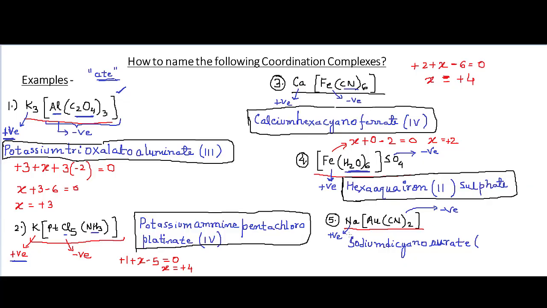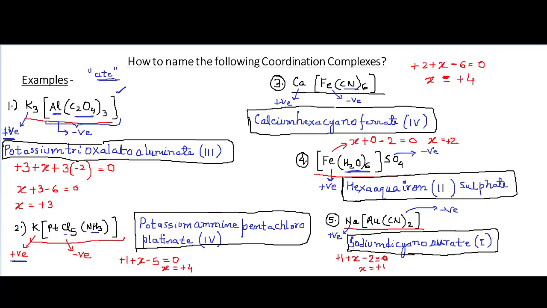It's easy. Sodium is +1, gold is X, cyano contains -1 charge, so 2 cyano ions, -2, is equal to 0. And then finally X comes out to be +1. So gold has an oxidation state of +1, so we will write it in Roman numbers as I. The name of this complex becomes sodium dicyanoaurate(I). So hope this is clear.